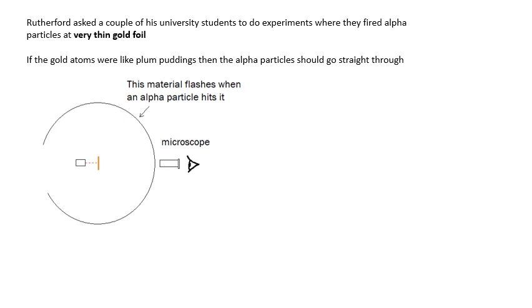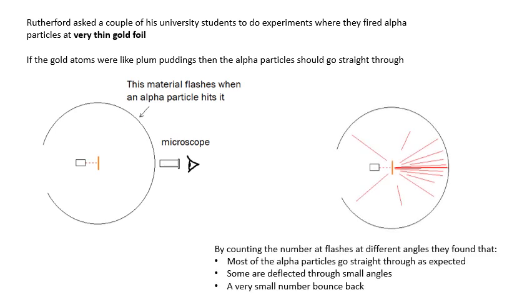What they discovered was that most of the alpha particles do just go straight through, as you would expect, but a small number were deflected. They changed direction, and a very, very small number actually bounced back. And this was very surprising.